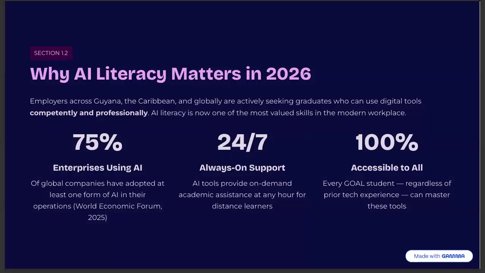Why AI matters today? Why? More than 75% of the enterprises nowadays are using AI, directly or not. More than 75%. So what does that mean?